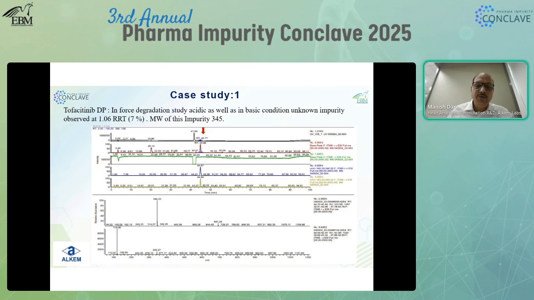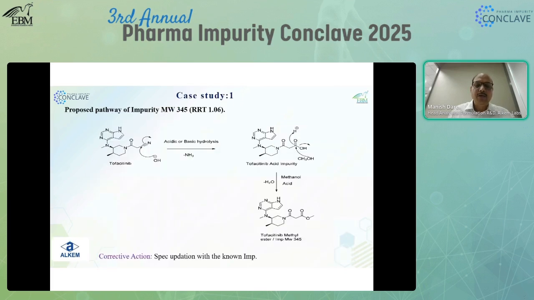Once we identify the mass of 345, we go on to predict the structure. What would be the structure of this particular impurity, whether we can make it known, or we have to check that during stability these impurities are not going to increase. We are using tofacitinib API in the drug product, the tablet, and tofacitinib has a particular structure.